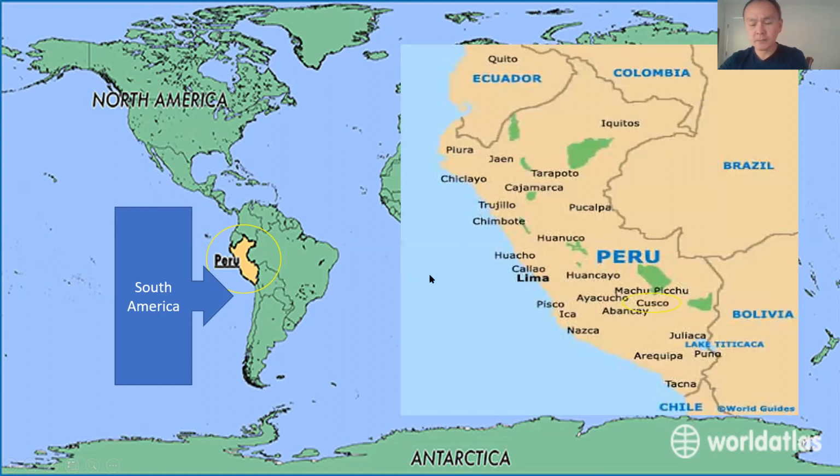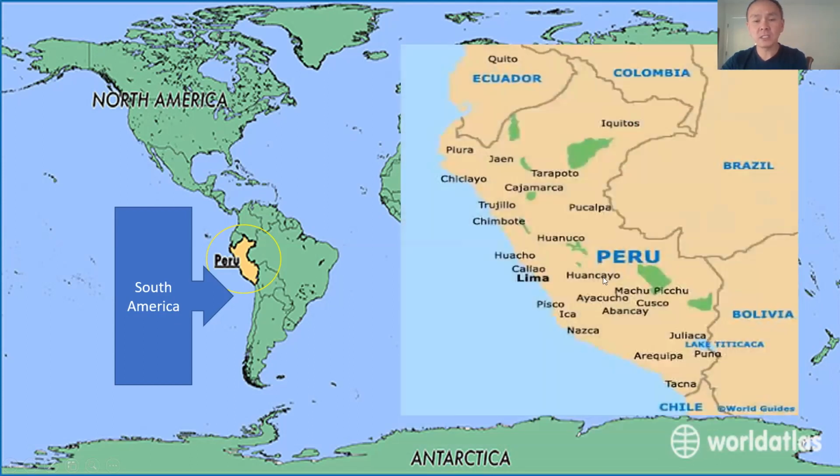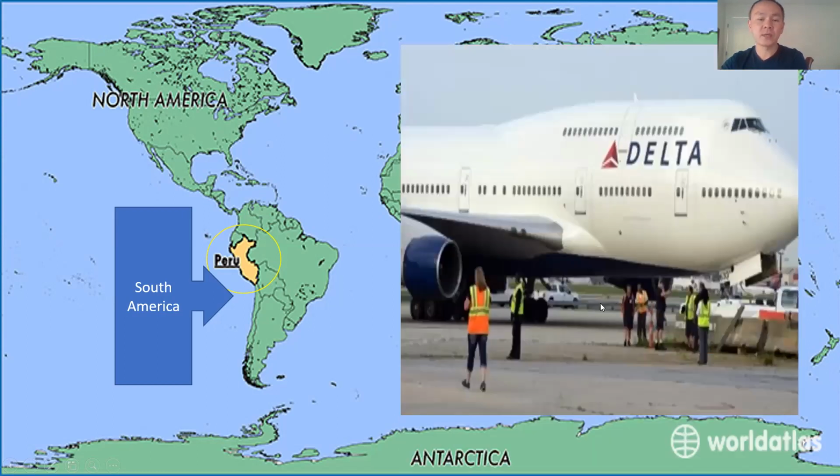The Alejandro Velasco Astete International Airport is located in Cusco, Peru. So when you travel to Peru, you have to travel by airplane, otherwise it takes a long time because you have to go through the Mexico border, or maybe the Panama Canal.